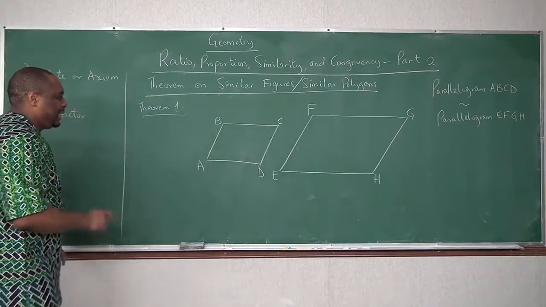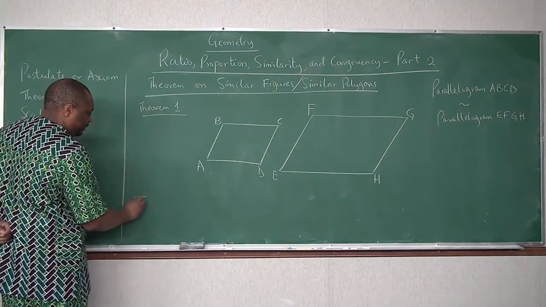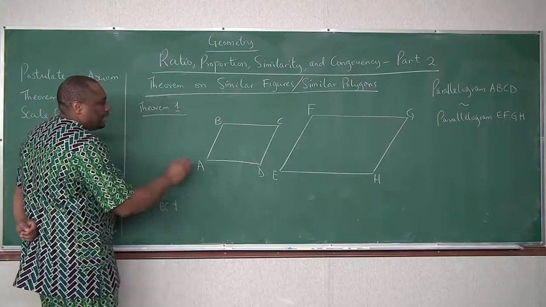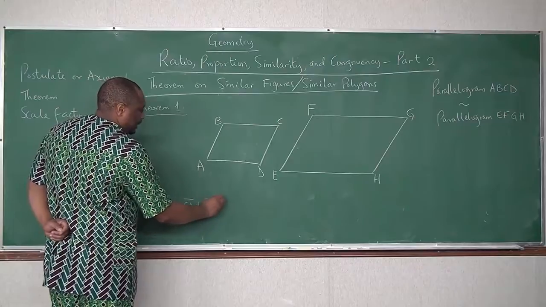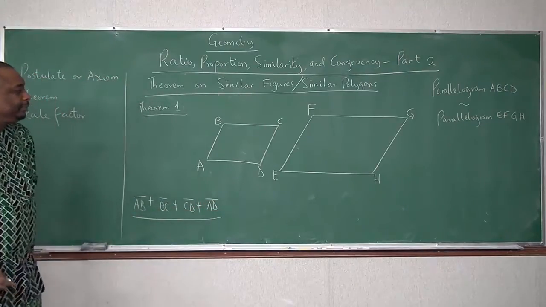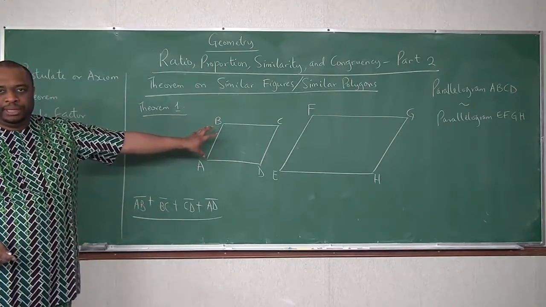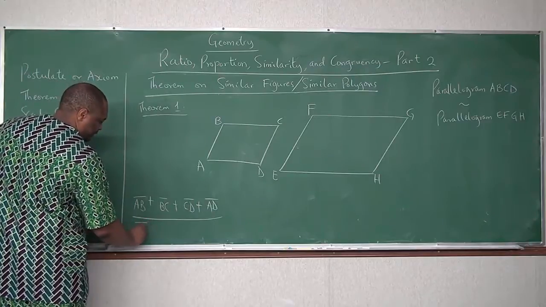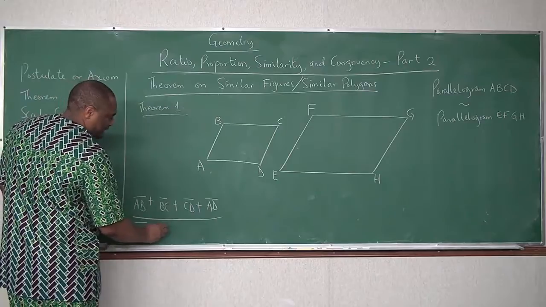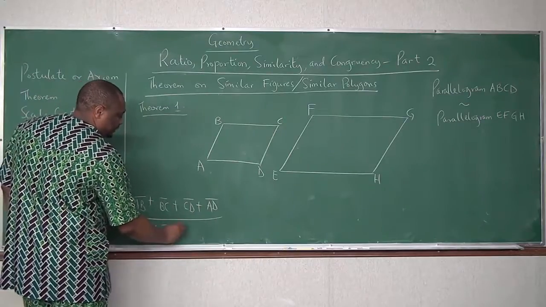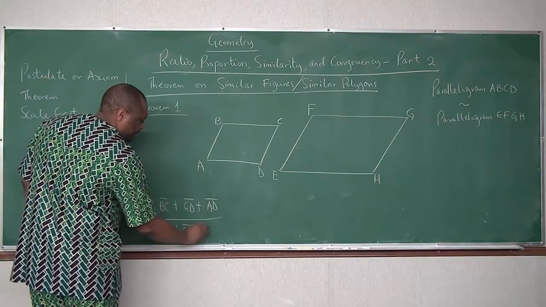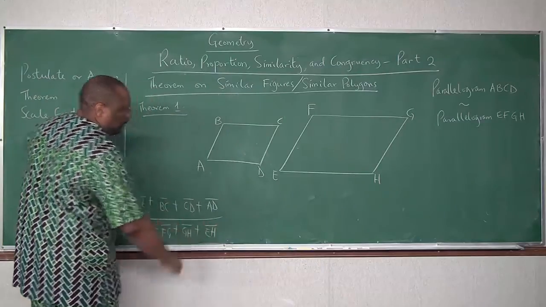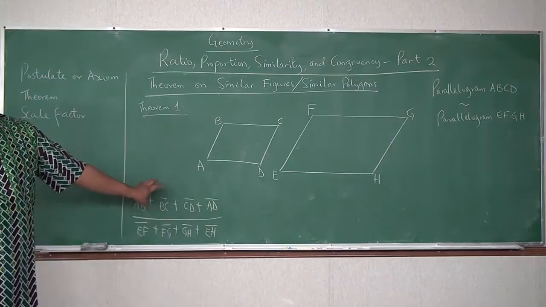So what is this saying? This is saying that the ratio of their perimeters, so line segment AB plus line segment BC plus line segment CD plus line segment AD all over, this is the perimeter of the first parallelogram, all over line segment EF plus line segment FG plus line segment GH plus line segment HE or EH. This is the ratio of their perimeters.